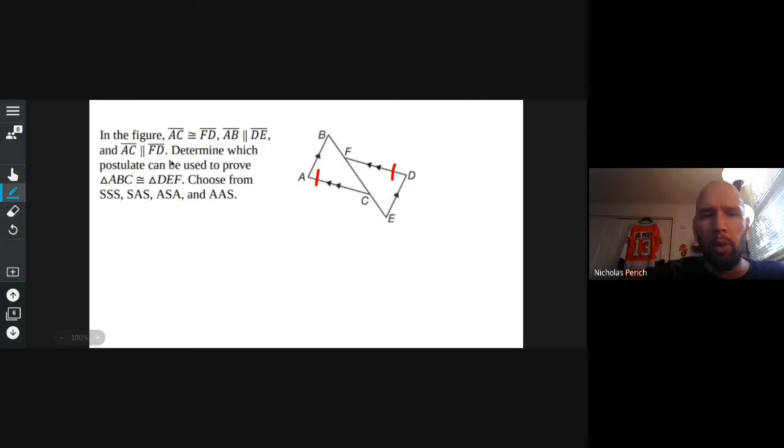You won't see one this crazy. AB is congruent to DE. So these are congruent, which implies that. And AC is congruent to FD, which implies that.